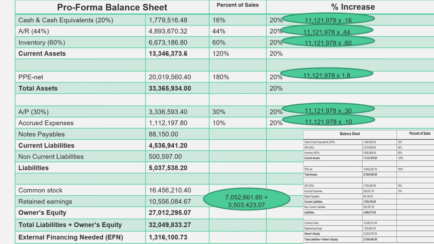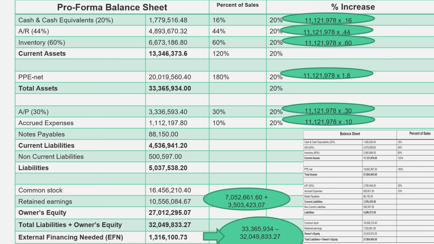So the difference between the two will be our EFN, or external financing need. We deduct our total liabilities and owner's equity from total assets. The answer will be 1,316,100.73.